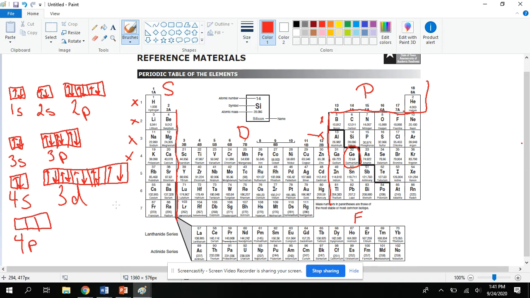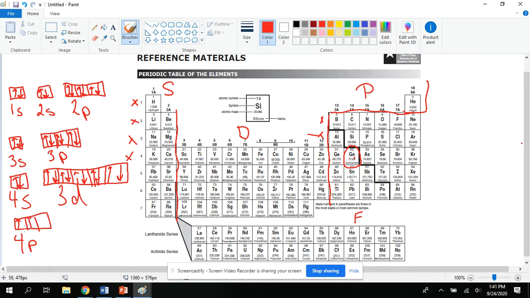Okay, so when you're doing these, there was a rule that said you have to have an arrow in each box before you can go back and double them up in their boxes. All right, so for germanium, you see it's 2 over in the P section. 1, 2. So you only need 2 arrows. 1, 2.